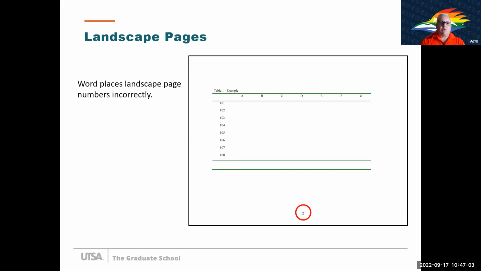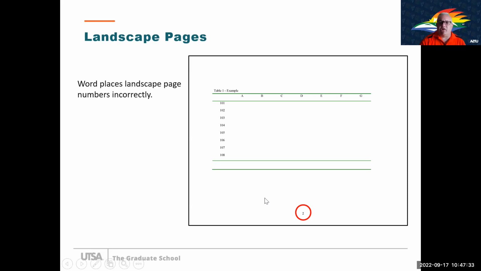This is another place, which is landscape pages. So landscape pages, if they show up in your document looking like this, that's fine. It's fine to include landscape pages in your document. However, just remember that when the document is published, the page number, this is actually the bottom of the page over here. So if this were to be published as is, the page number would end up in the right margin looking weird.